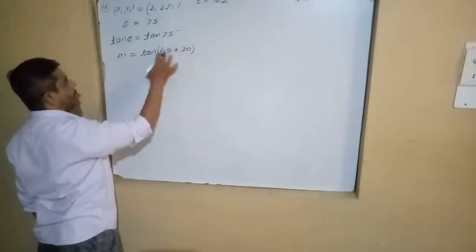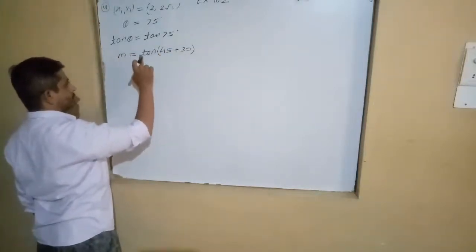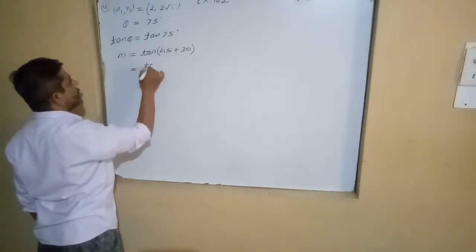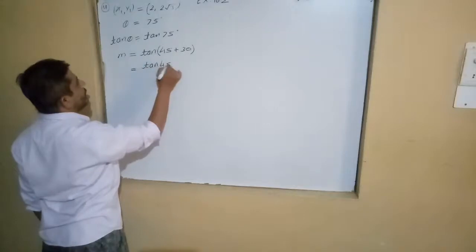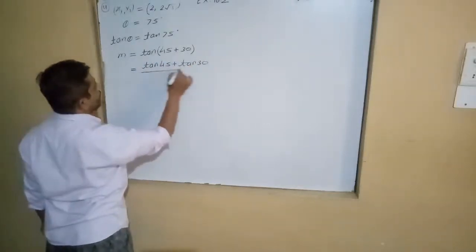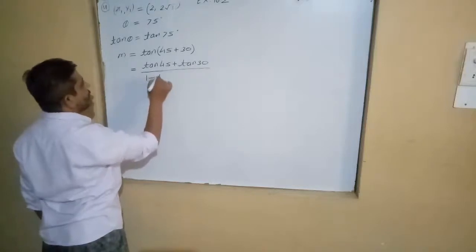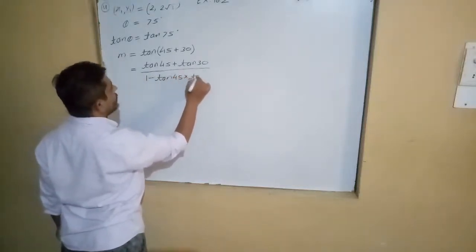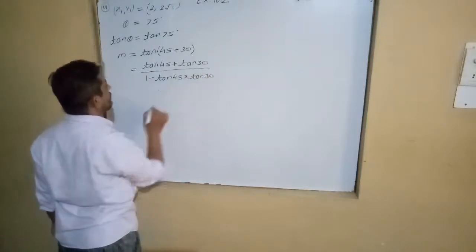Now here we will apply the formula tan (a plus b) is equal to tan a plus tan b upon 1 minus tan a into tan b. This is the formula.